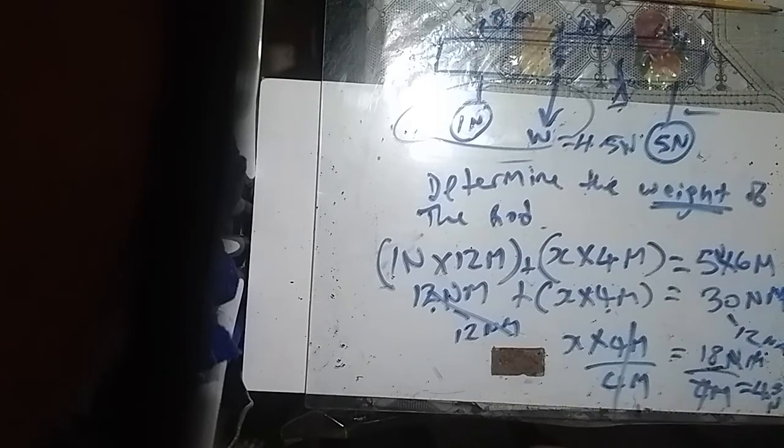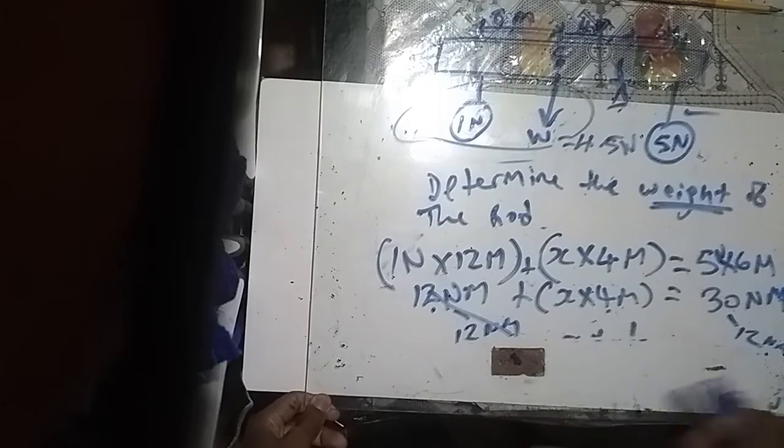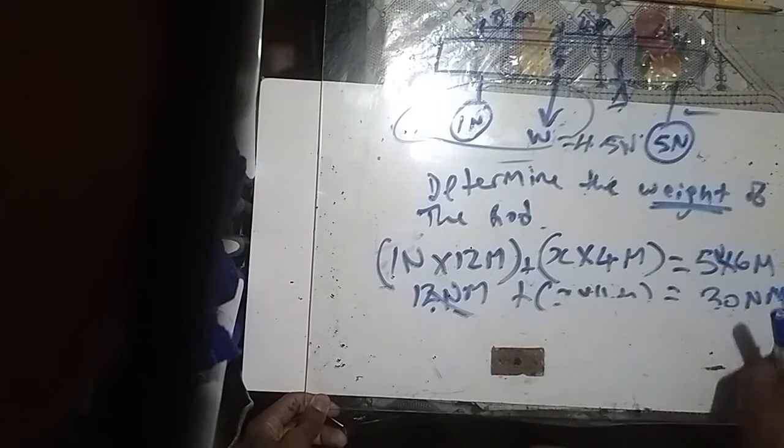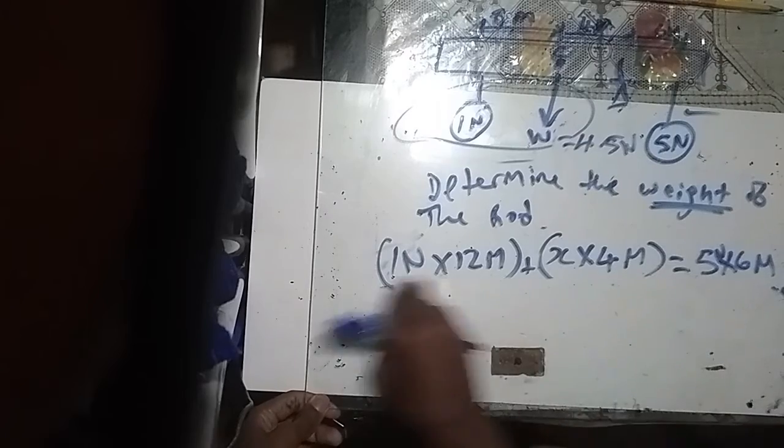Do you understand where I'm coming from? Alright, so say for instance the question asked for the weight, and we got 4.5 Newton. But suppose the question had also said they want the mass of the rod. What would you do? Suppose they never asked for weight and they asked for the mass. Would you start crying and fussing about how you're going to do the question?